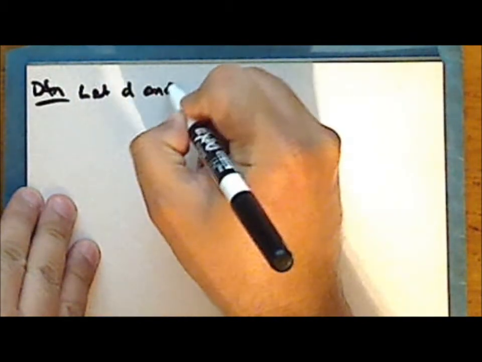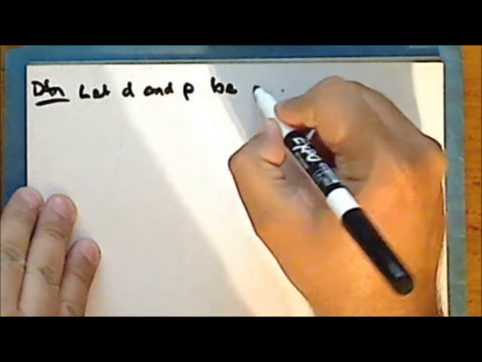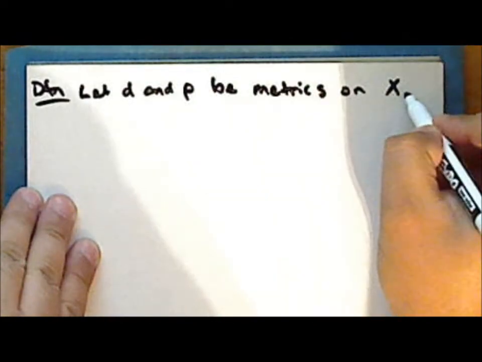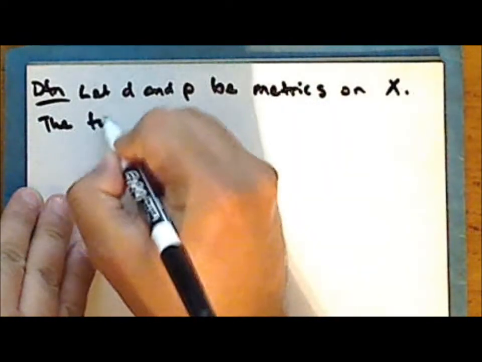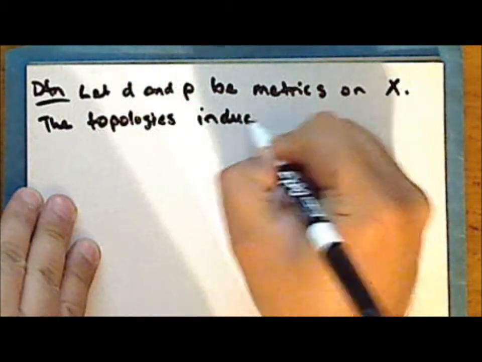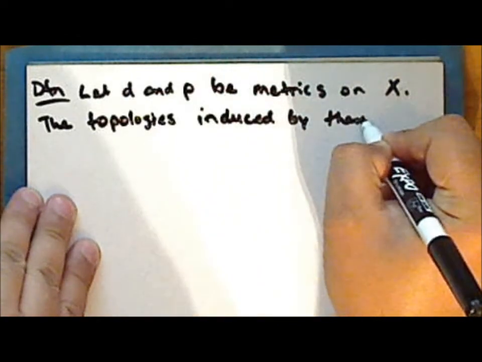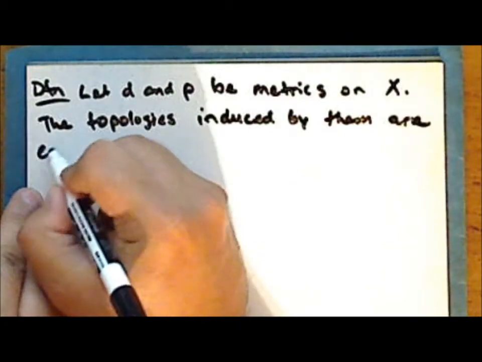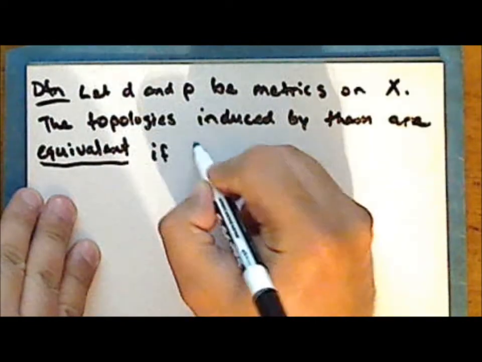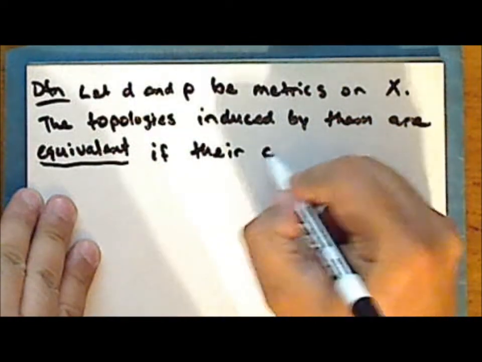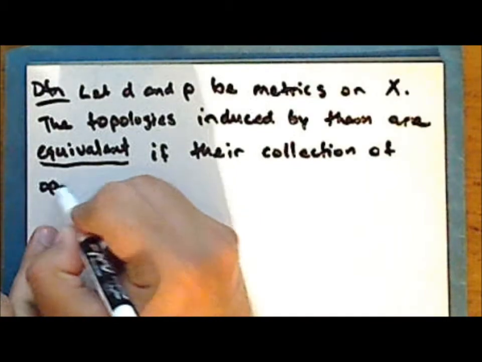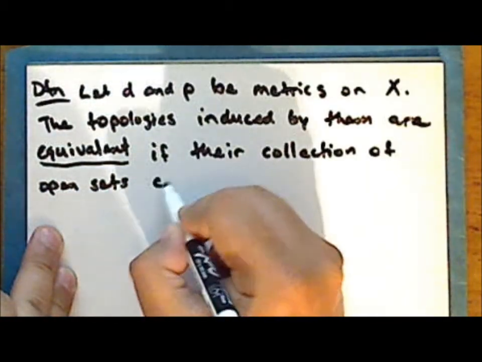Let D and rho be two metrics on an arbitrary space X. The topologies induced by them are equivalent if their collection of open sets coincide.